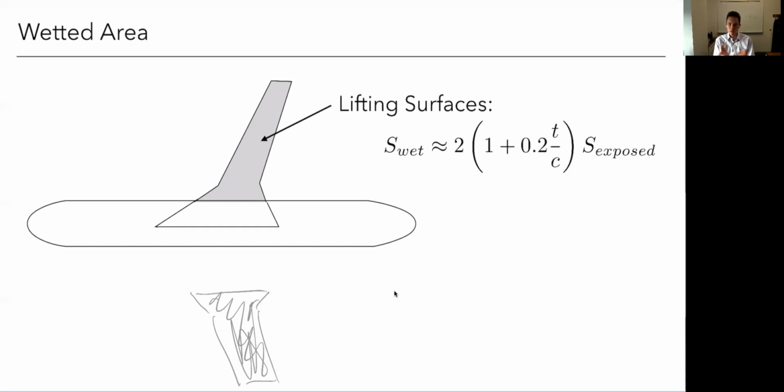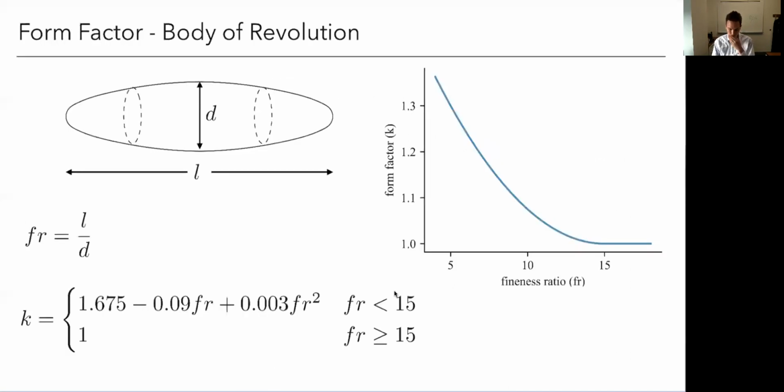In other words, we'll take the flat plate skin friction thing, that hasn't changed. The only thing that's going to change is that we're going to use a different form factor. So instead of a form factor that's kind of based on these airfoil shapes, we use a form factor based on these cylindrical shapes or bodies of revolution. So here's what it looks like. I've got this body of revolution. It's got a length and a diameter.